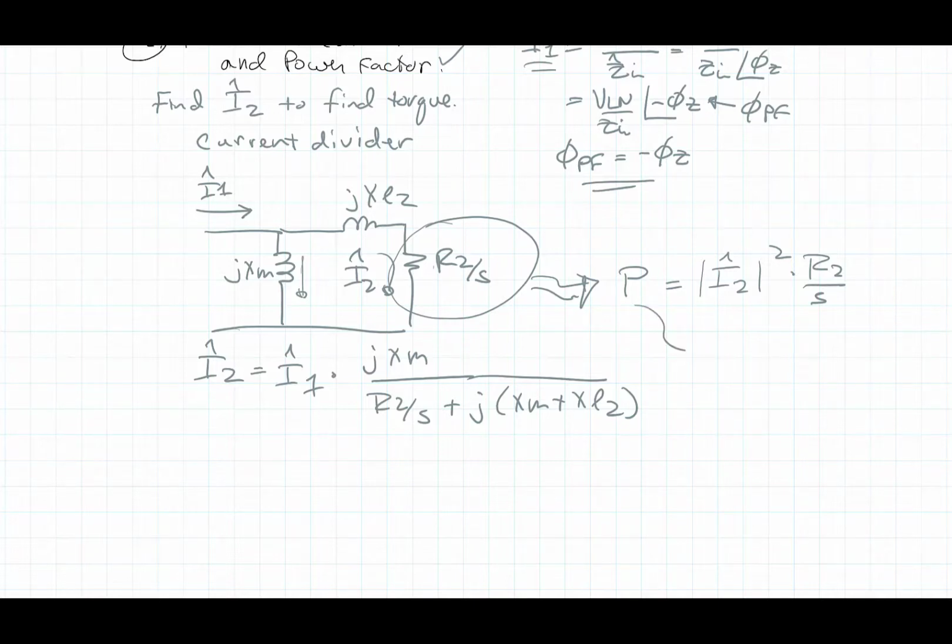So what is this power? This power is called the gap power. Take 3 times whatever we have there, I2 squared R2 over S. That's our gap power.